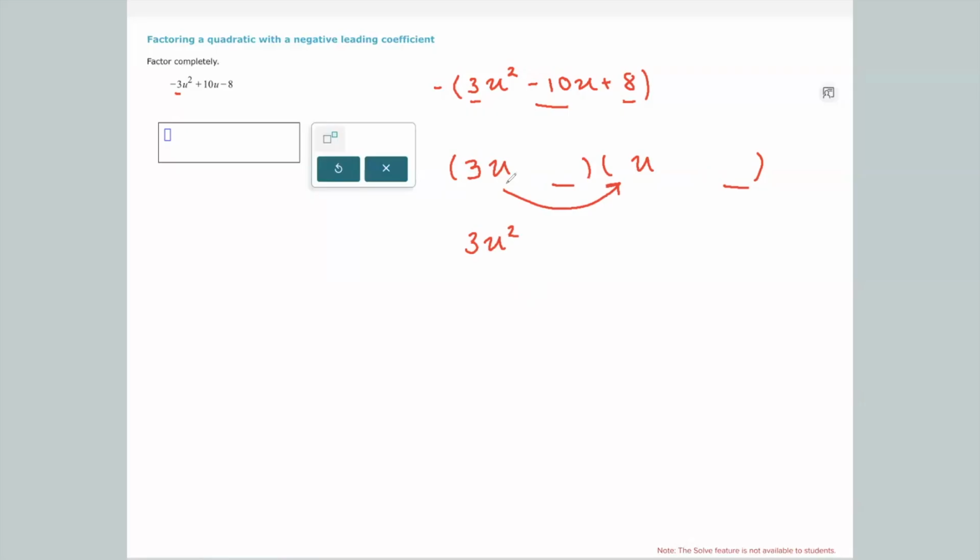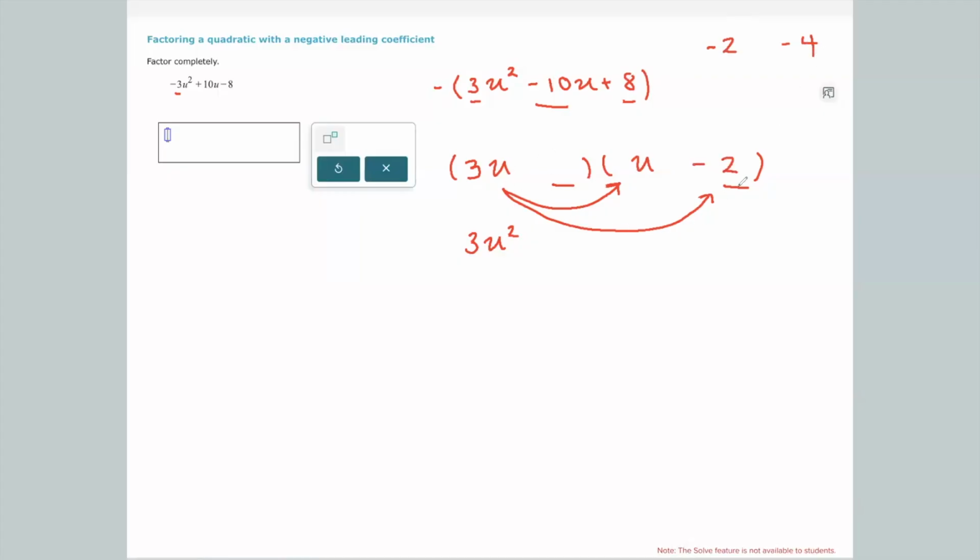The thing to keep in mind here is when we FOIL and do the outside terms, I'm going to have 3u times whatever number I put here. So when I think about things multiplying to 8, and because there's a negative here, I'm going to do negatives and negatives. So if I do something like -2 times -4, let's put the -2 here.